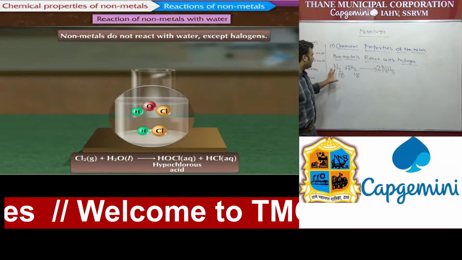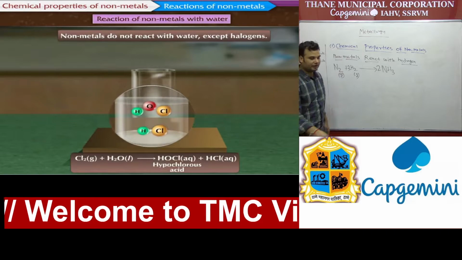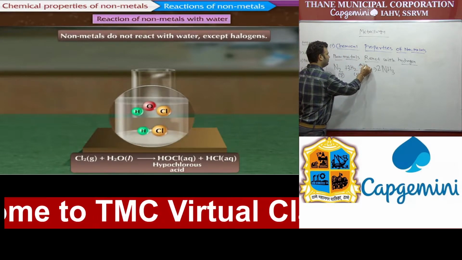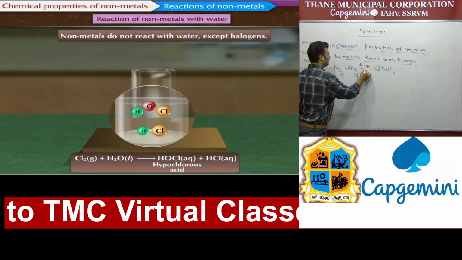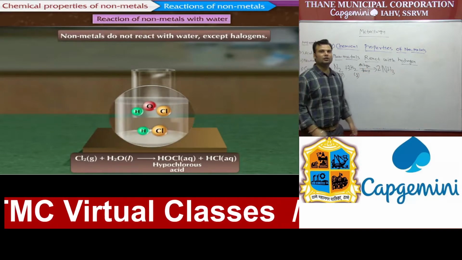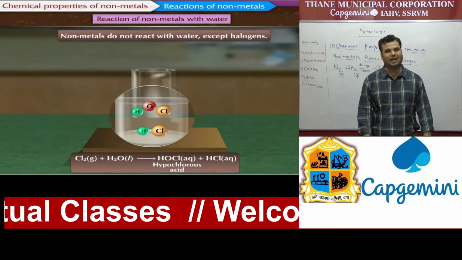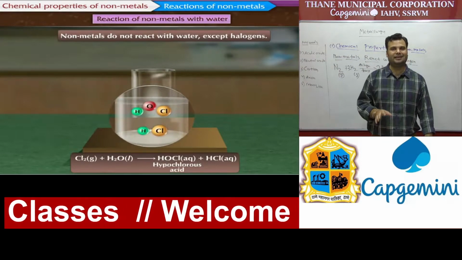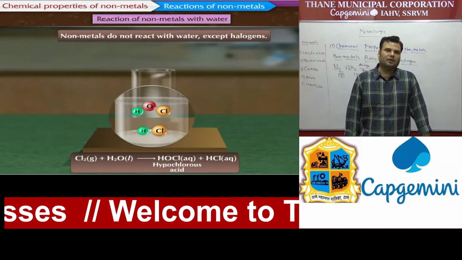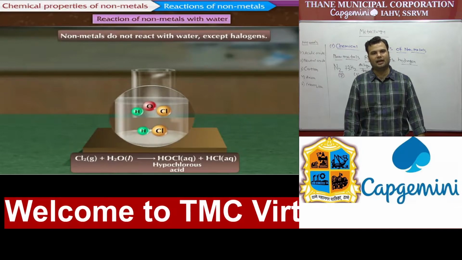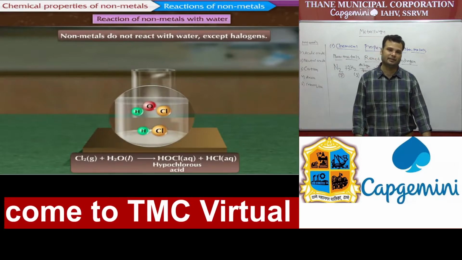So remember that nitrogen can react with hydrogen, but one condition is required: high temperature, and second, high pressure. You will perform this reaction in 12th standard also, what is the Haber process. But you have to remember in 10th standard, whenever non-metals react with hydrogen, they require high temperature and high pressure, and it is given by the scientist Haber.